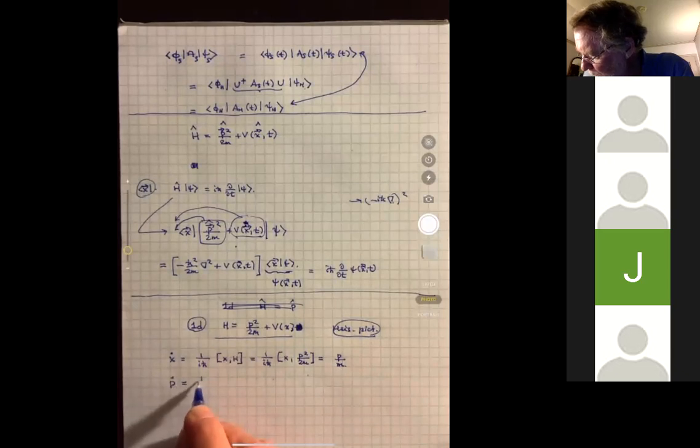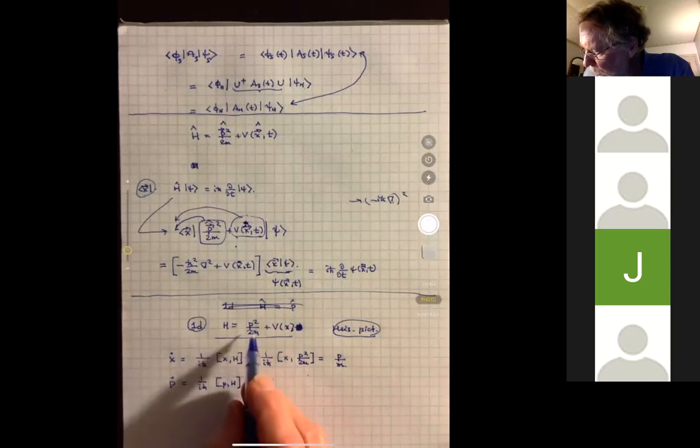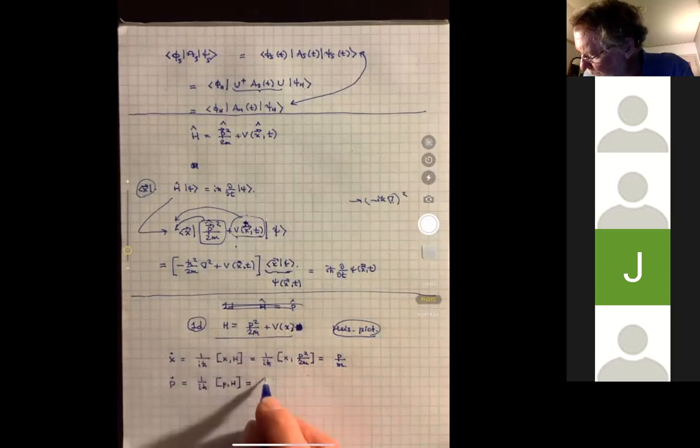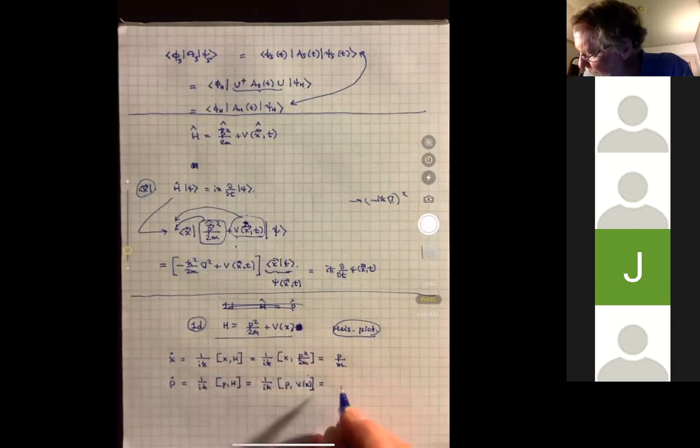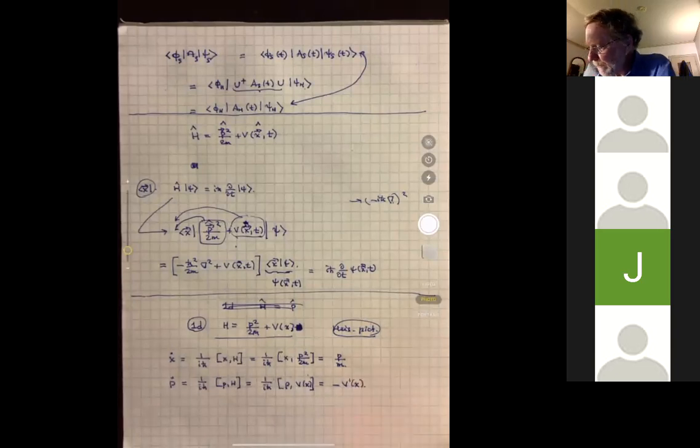Likewise, p dot is 1 over iħ, the commutator of p with the Hamiltonian. Now the momentum commutes with any function of itself like the kinetic energy, but it doesn't commute with the potential energy. So this is 1 over iħ times the commutator of the momentum with the potential energy V(x). And if you use the rules for commutators, this turns into minus V prime of x. All right.